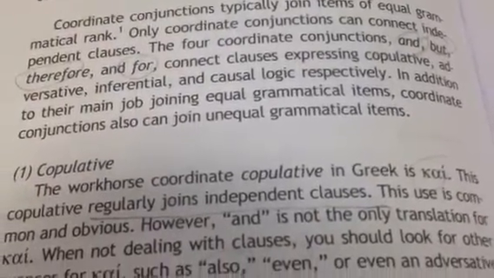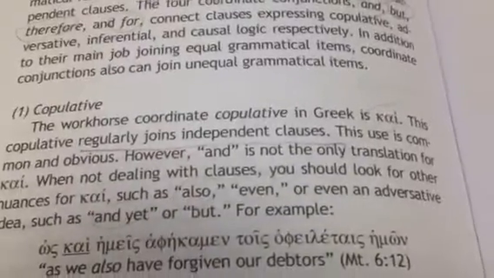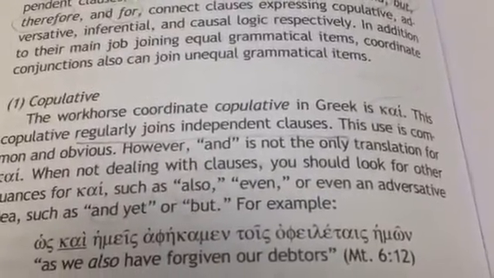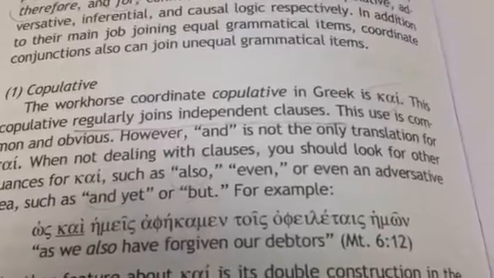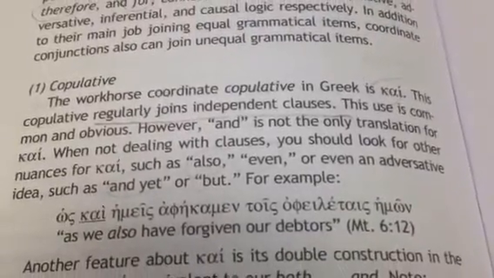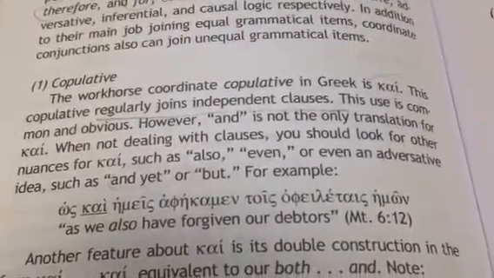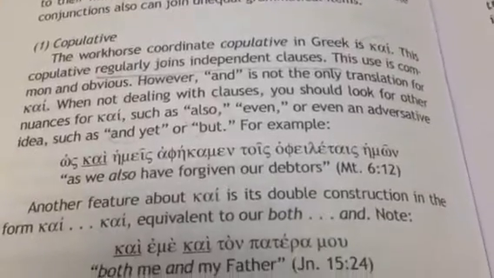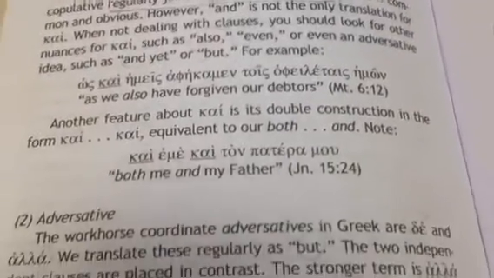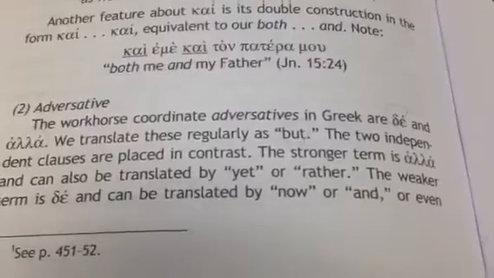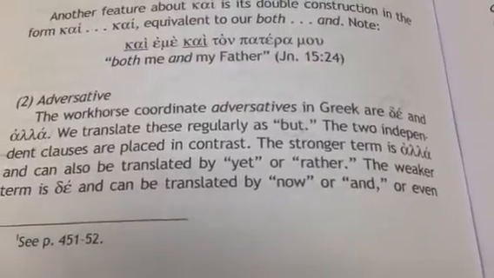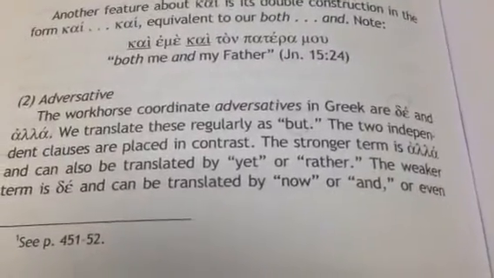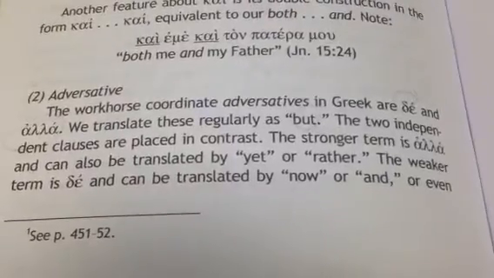So different jobs. You can have the copulative, and the workhorse coordinate copulative is kai. And we can just string entire sentences with that. And, and. Okay, and you see some of that in scripture going on and on and on. Adversative would be but, or yet, or rather.